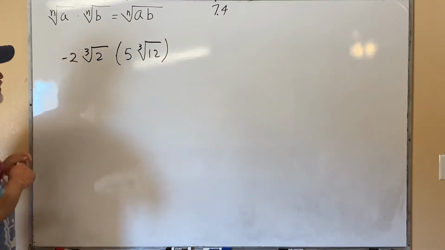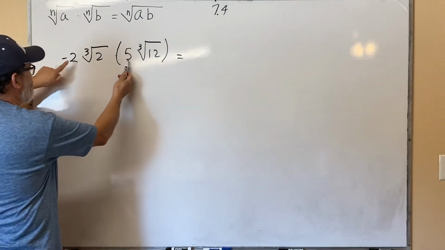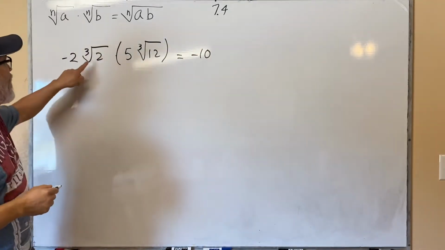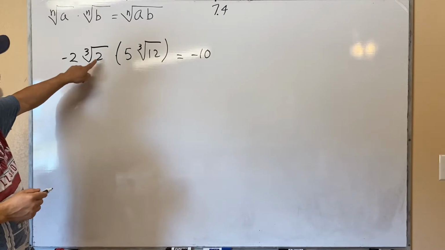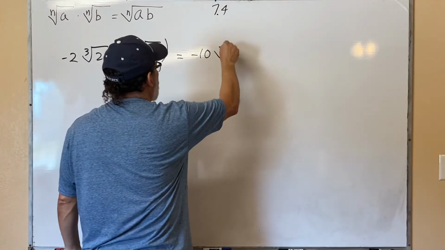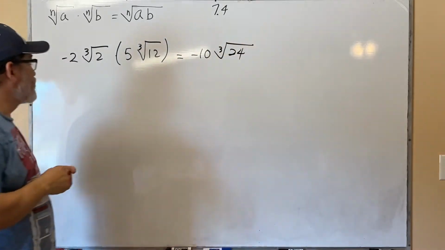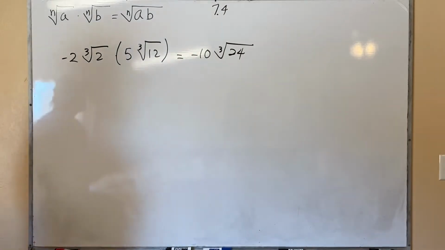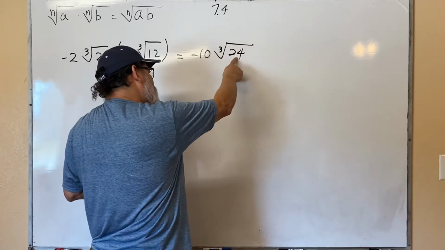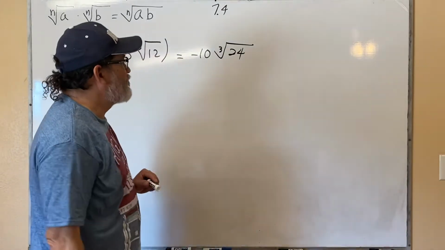Okay. So we can do that. First of all, this is outside and this is outside, so I'm going to multiply those two. That's -10. Now, I'm going to multiply the cube root of 2 times the cube root of 12. And that's going to be the cube root of 24. 2 times 12 is 24. And now, I'm going to simplify the cube root of 24. I'm looking for perfect cubes.